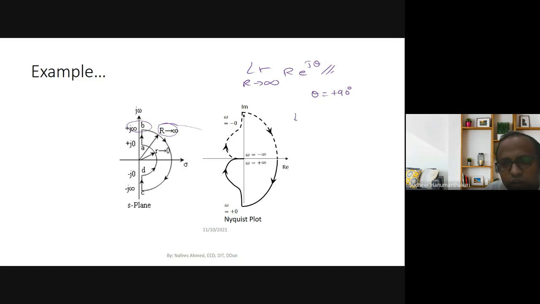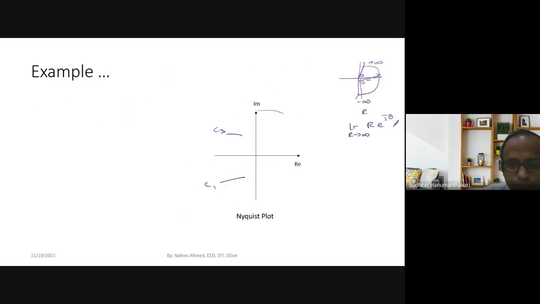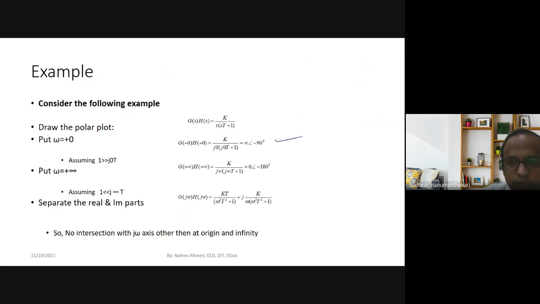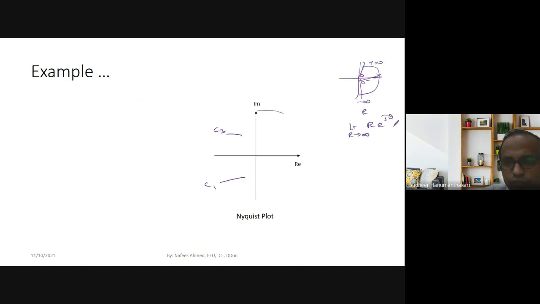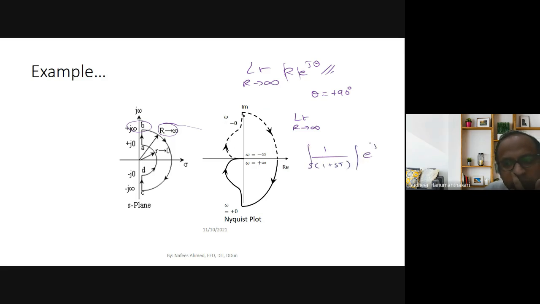And then as limit r tends to infinity, what is the value of the magnitude? It is 1 by s into 1 plus st, e power j theta. It is an example with values. I can show you better.